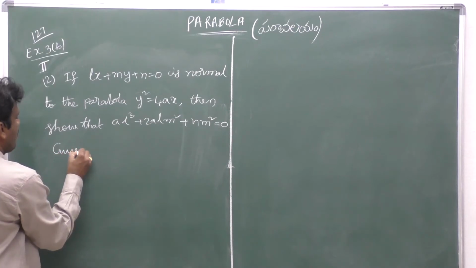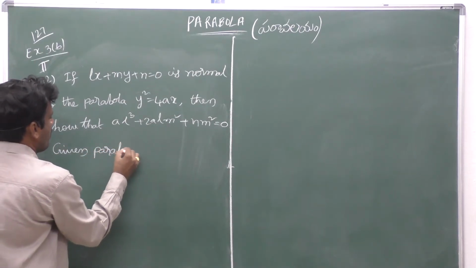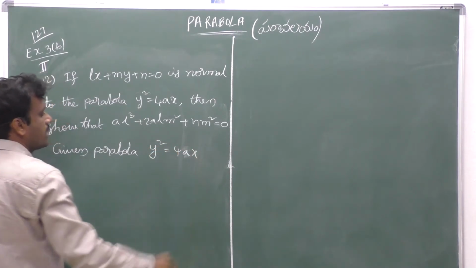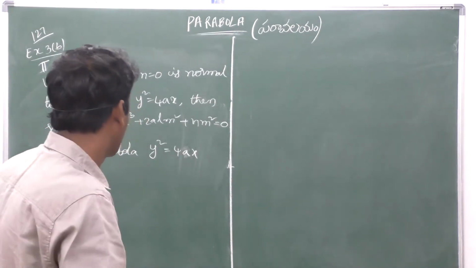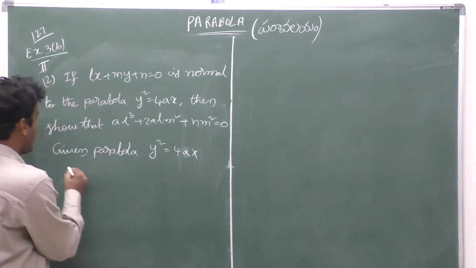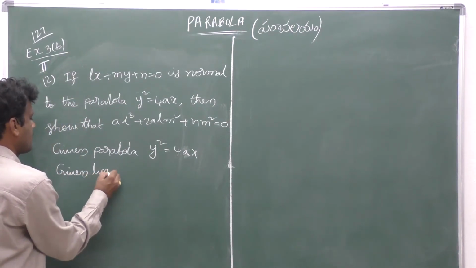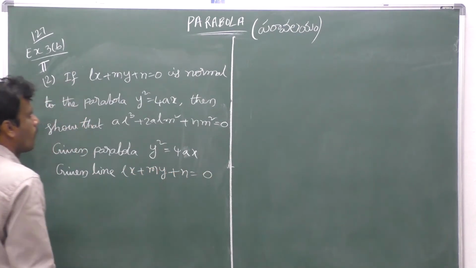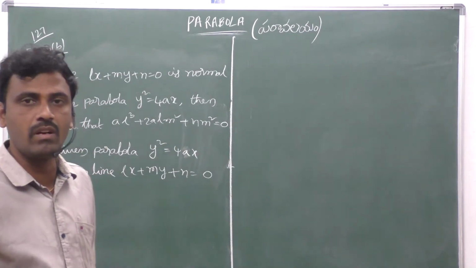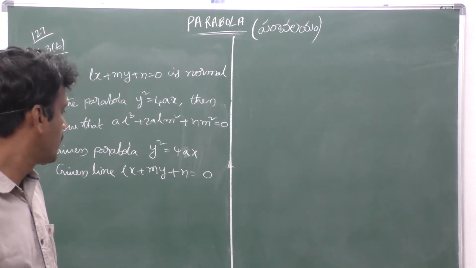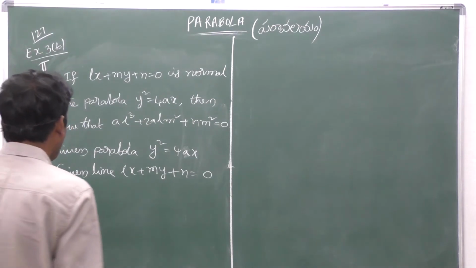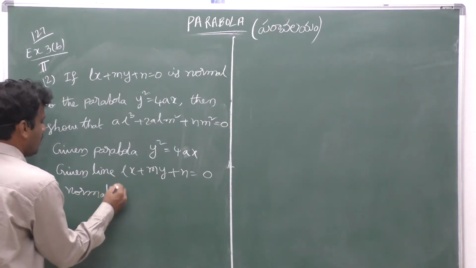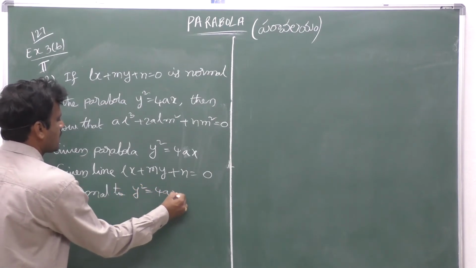Given parabola y square equal to 4ax. Given line lx plus my plus n equal to 0 is normal to y square equal to 4ax.